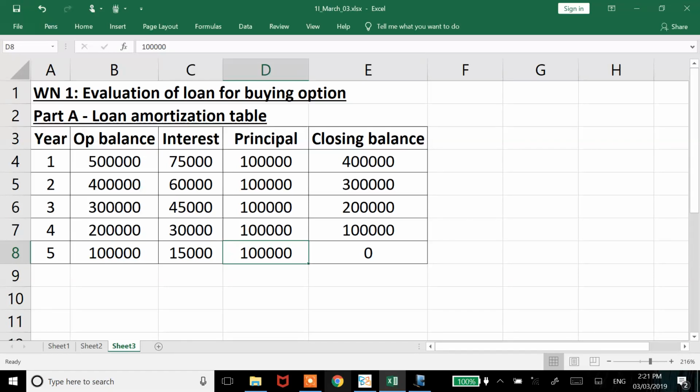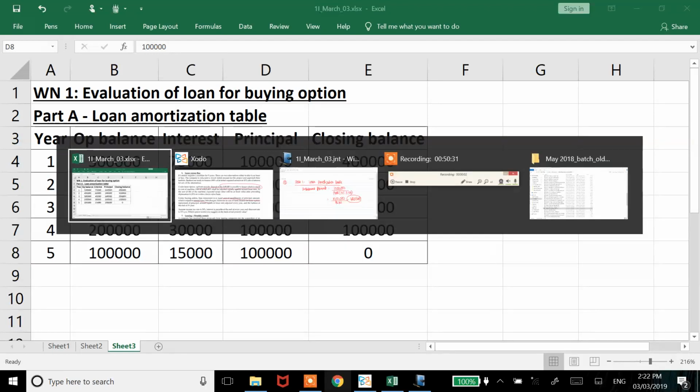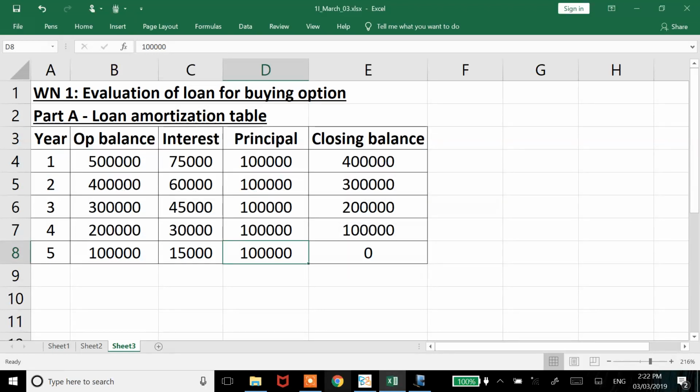Opening balance 5 lakhs, 1 lakh is the principal for each of the 5 years.